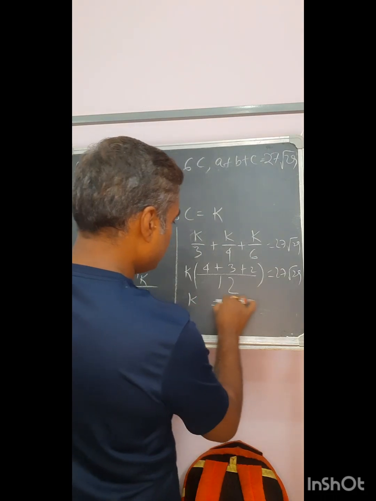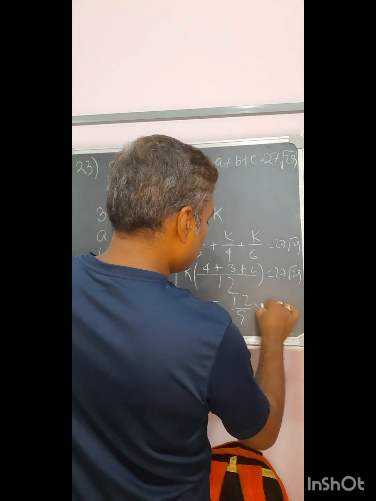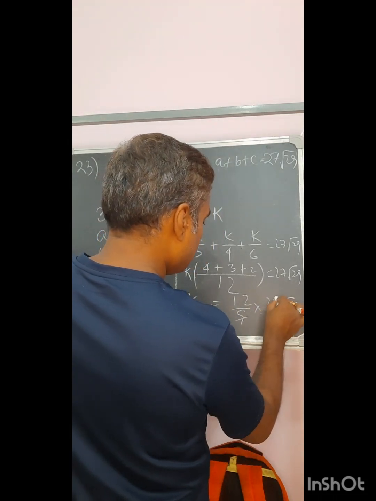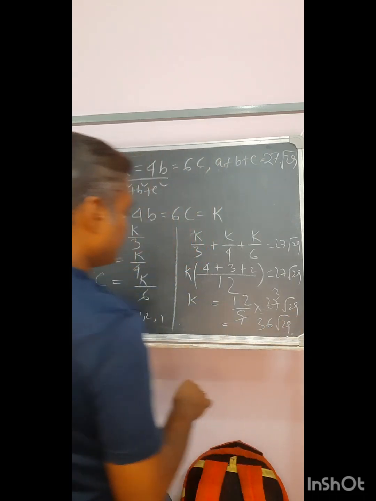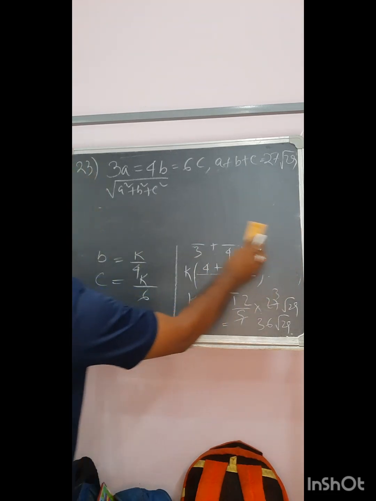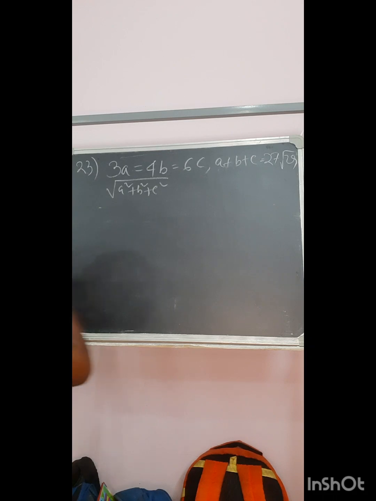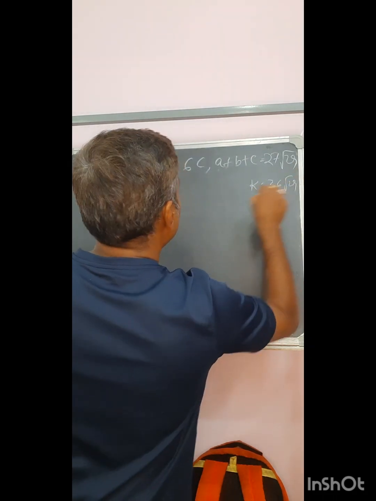The k is equal to 12 upon 9 into 27 root 29, which is 36 root 29. Remember this, k is 36 root 29.